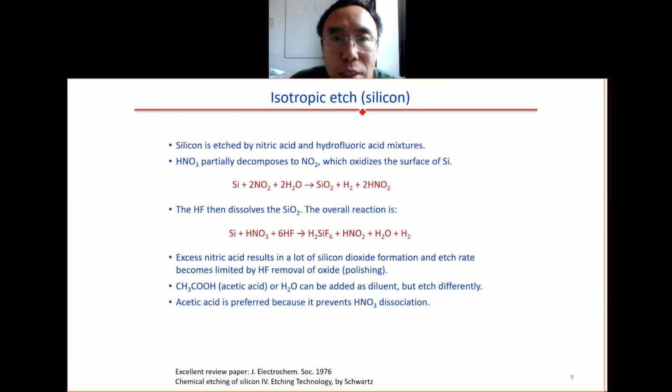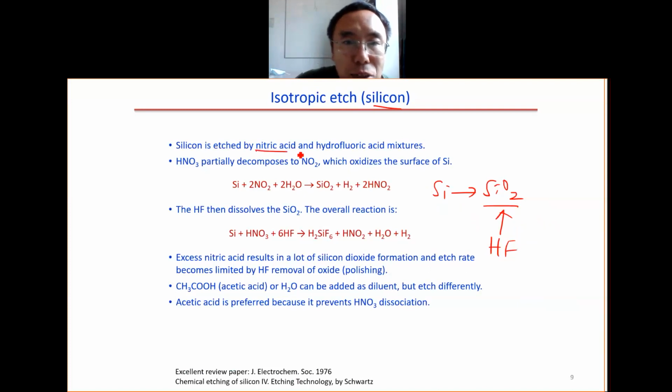The second example is the isotropic etching of silicon. The idea is very simple. First we convert silicon into silicon oxide, then we etch away the silicon oxide by the hydrofluoric acid. To convert silicon to silicon dioxide, we use nitric acid.